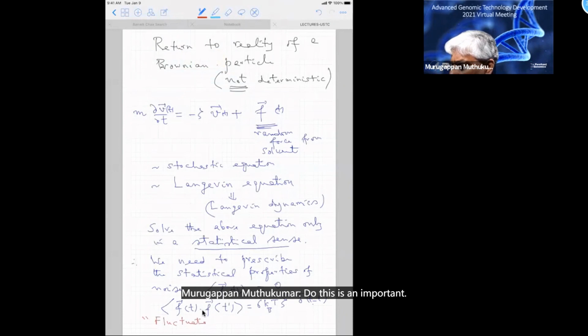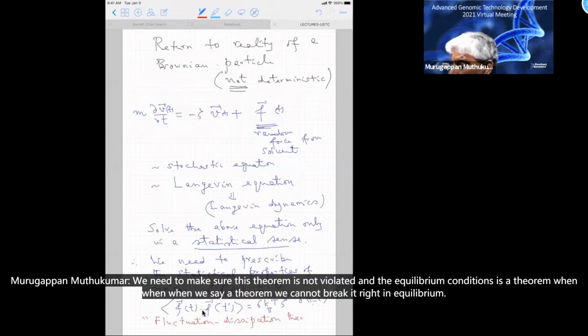This is an important result. When you do simulations, we need to make sure this theorem is not violated under equilibrium conditions. This is a theorem. Whenever we say a theorem, we cannot break it, right?